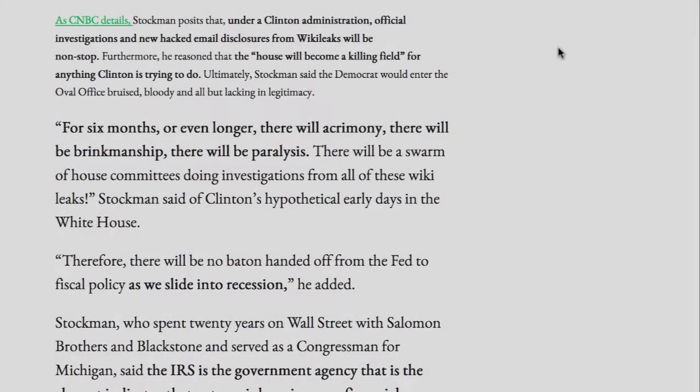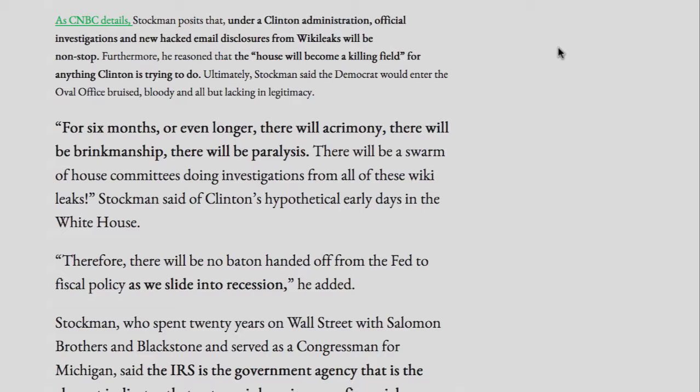As CNBC details, Stockman posits that under a Clinton administration, official investigations and new hacked email disclosures from WikiLeaks will be nonstop. Furthermore, he reasoned that the House will become a killing field for anything Clinton is trying to do. Ultimately, Stockman said the Democrat would enter the Oval Office bruised, bloody, and all but lacking in legitimacy.